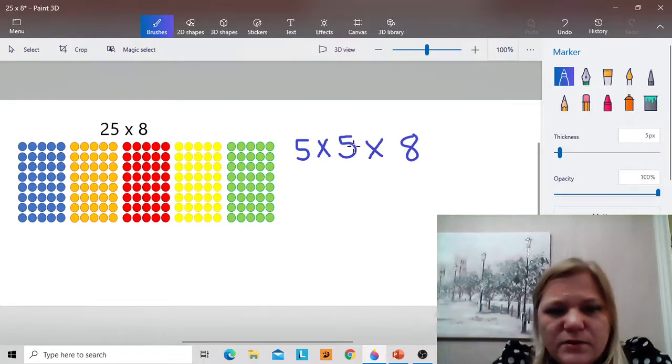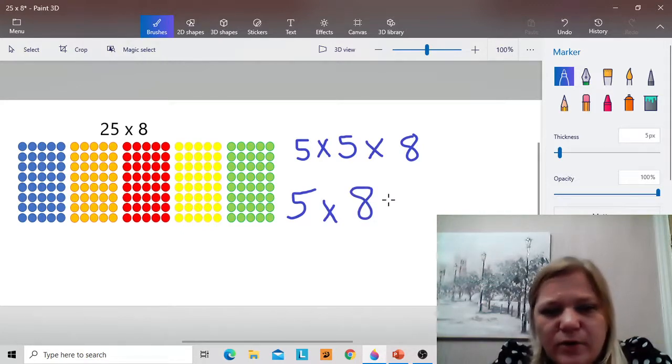So I'm going to start off with 5 times by 8. Remember, they're commutative, so if you find it easier to work out your 5 times table, that's okay. So 5 times 8, remember, is the same as 8 times 5, which is 40.